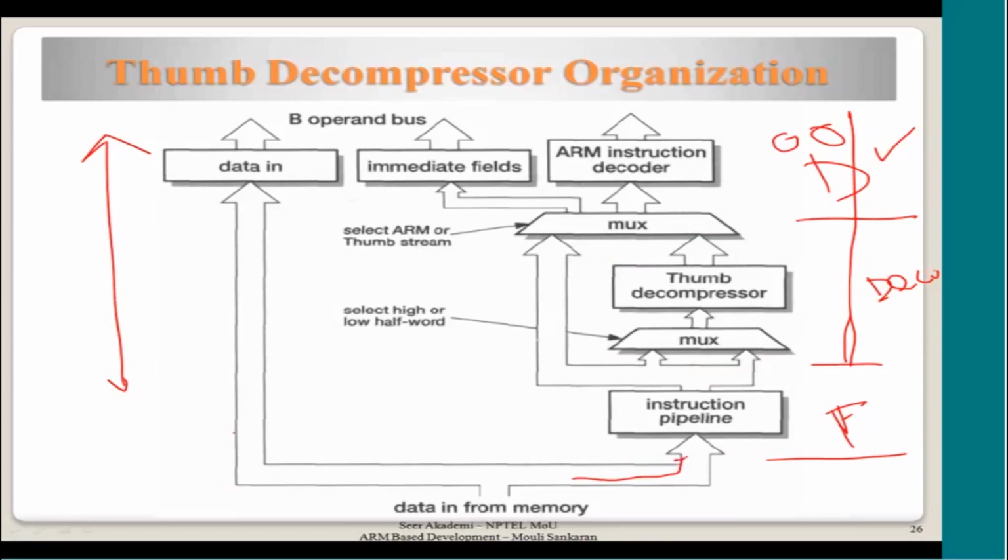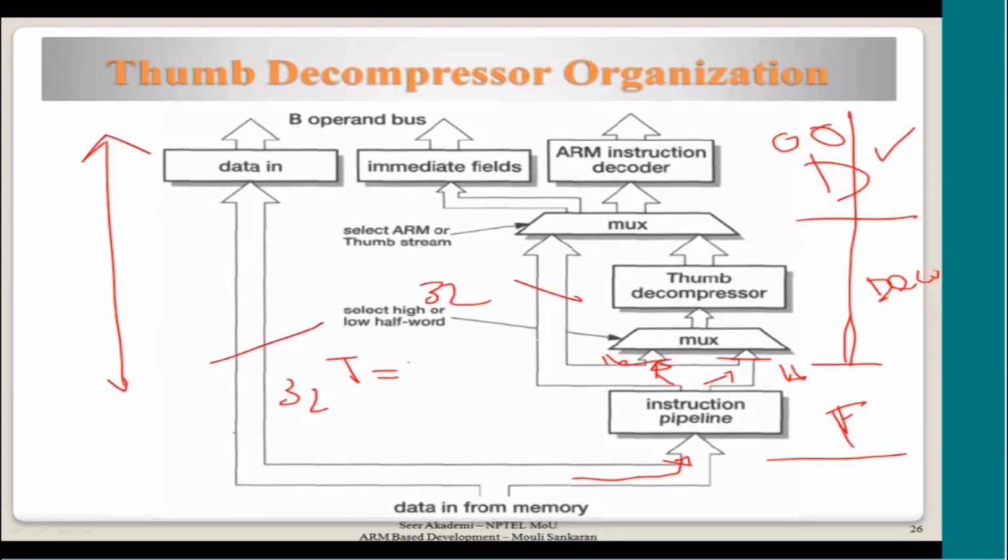Now when an instruction comes in, based on the T bit, it may be getting a 16-bit wide instruction or a 32-bit instruction from the memory. Then they will enter the mux, based on how memory is providing the instructions, 16-bit instructions in the high or low half.